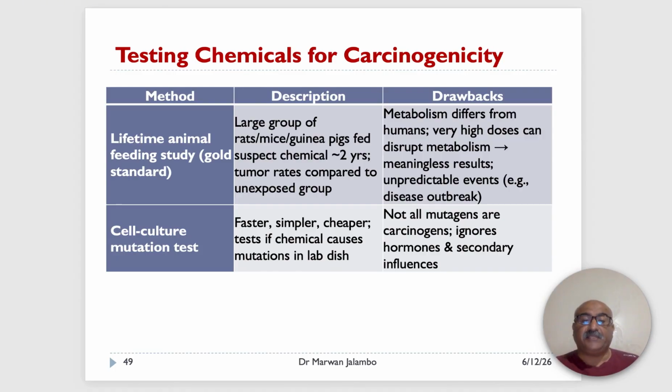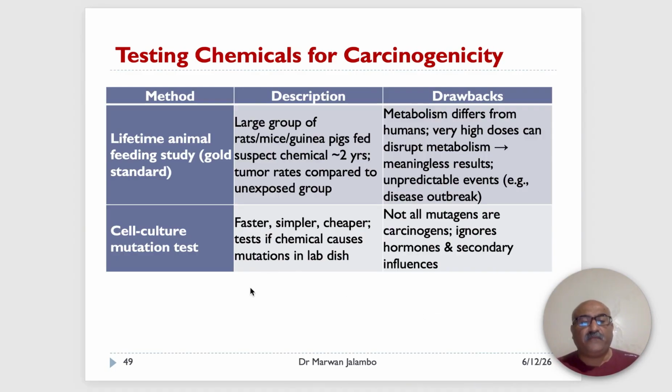But it's slow, expensive, and vulnerable to disaster, like a disease outbreak wiping out your animals. And the doses needed are sometimes so huge they disrupt the animal's whole metabolism, making the results meaningless.